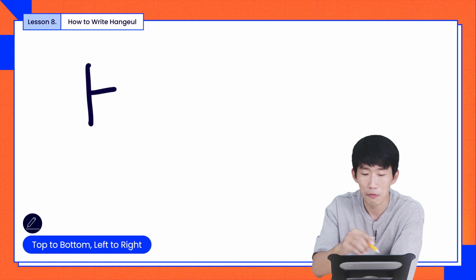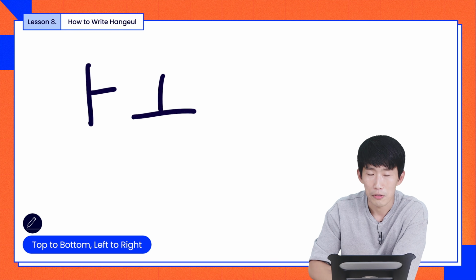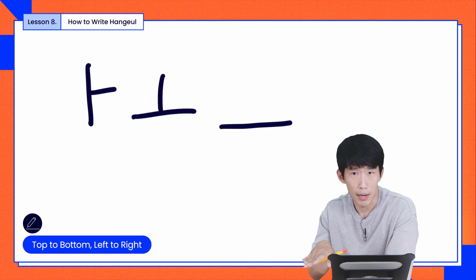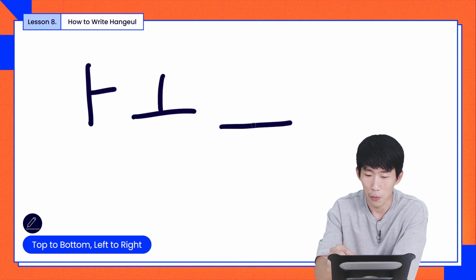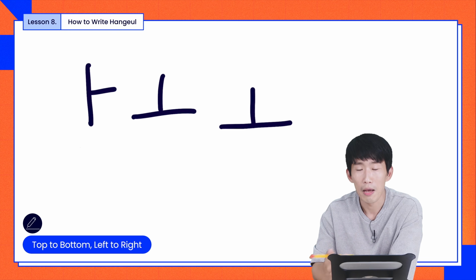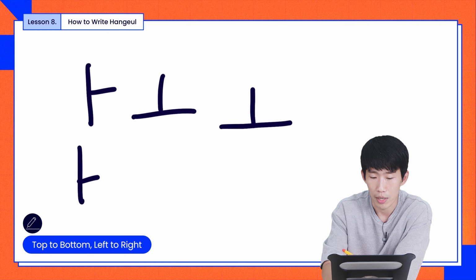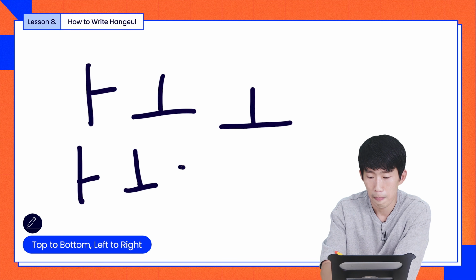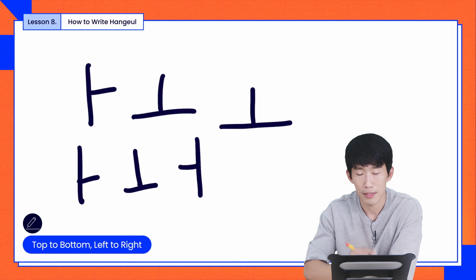There are no curves. So you don't want to write the bottom line first and then go all the way up. Some children actually do that, but the general rule is left to right, top to bottom.